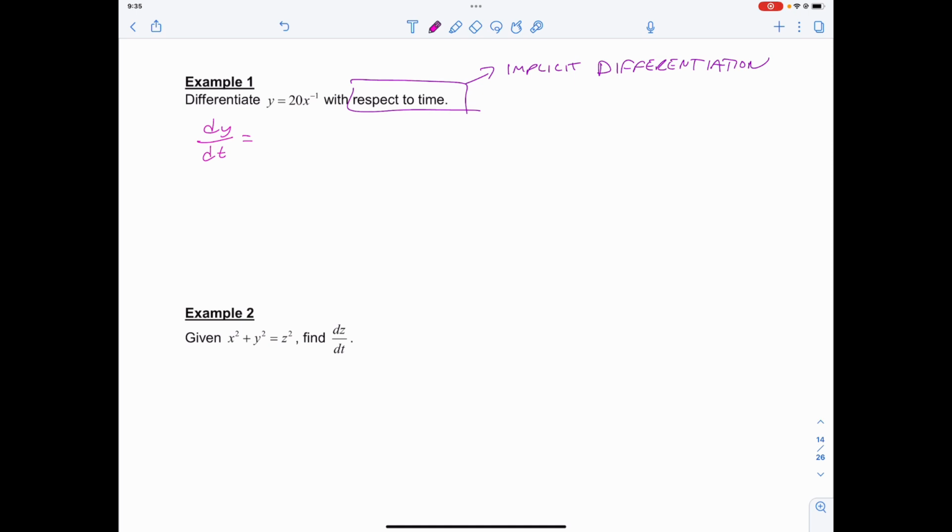So I'm going to differentiate what I have here. I'm going to say that I have negative 20x to the negative 2. But I also have to multiply that by the differentiation of x over time.